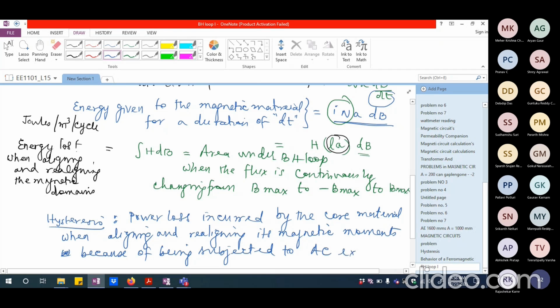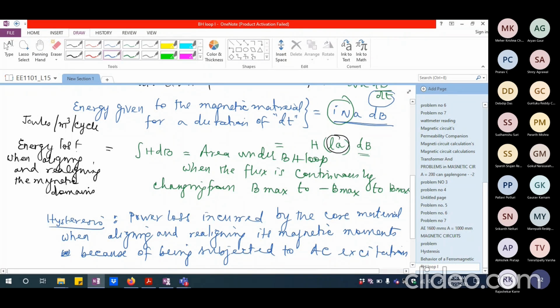So if I had given only direct current excitation, this is not going to happen, because once it has aligned all the magnetic moments in a particular direction, you don't have to realign them. Whereas in AC, repeatedly you have to align and realign.